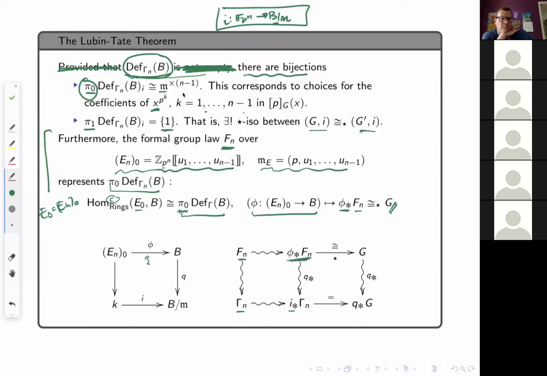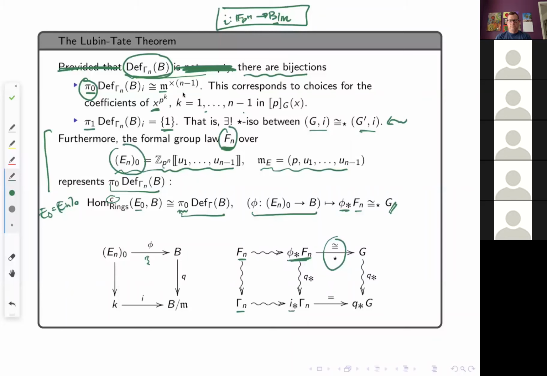It might not be G, but there's going to be a star isomorphism between phi star of Fn and G, and that has to be unique because of this. Maybe it's a bit much to take in at once, but roughly, you've got deformations, they're lifts, and they're classified by homomorphisms from this ring into B, and the universal example is the formal group law of En.